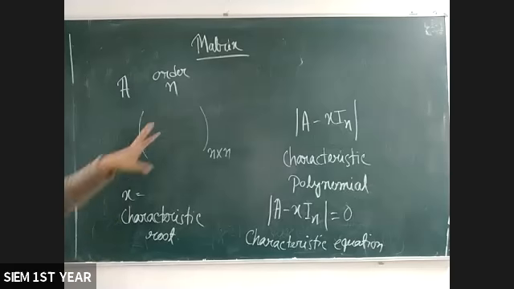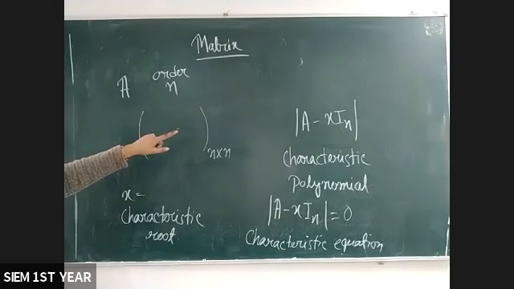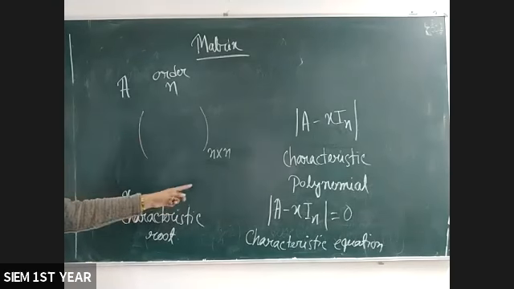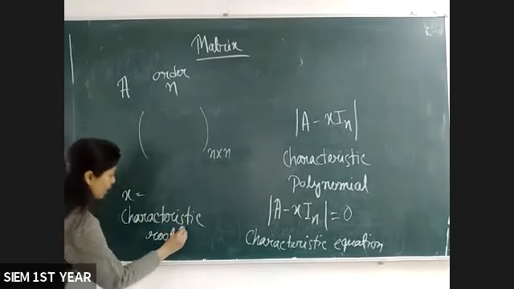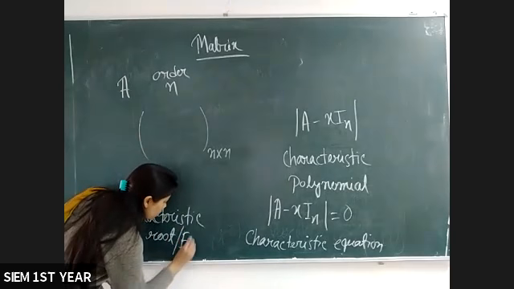Clear? First, this one is the characteristic polynomial. If you equate it with 0, it is called the characteristic equation. And if you solve this equation, the roots are called characteristic roots, or another name is eigenvalues.